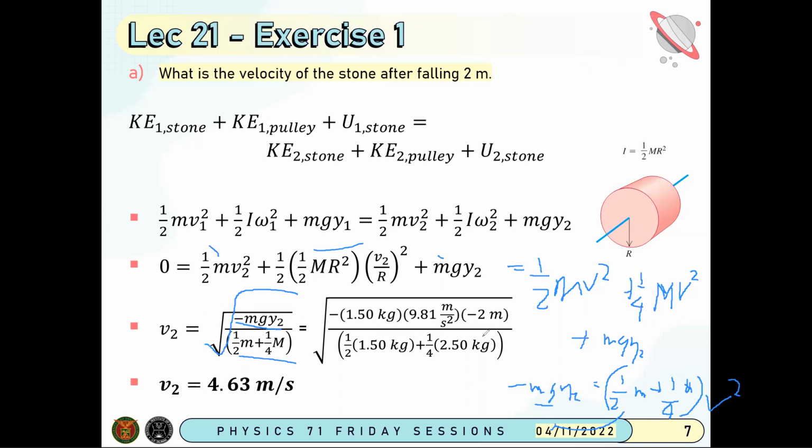But don't worry, because y2, as we set earlier, will be negative 2 meters. Okay. Because we set 0 as the at-rest position, so this is y equals 0. If it fell down here, that will be y equals negative 2. Okay? Plugging in our values, to check, the velocity you get should be 4.63 meters per second.